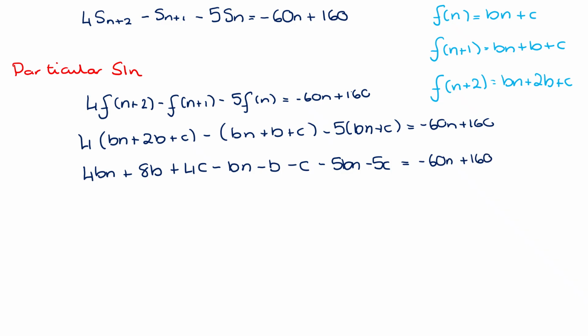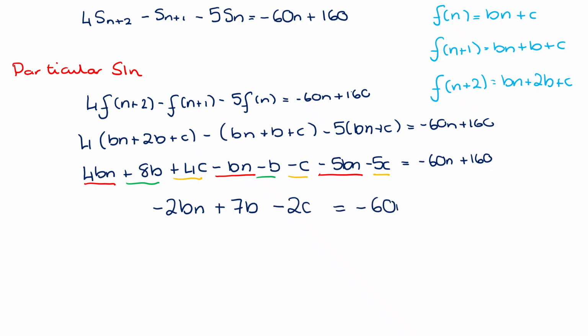So if we want to do a bit of cleanup here, there's a bn term, a bn term, and a bn term. So that's minus 2bn. Here we have a b term and a b term. So that's plus 7b. And then we have these c terms. So that's minus 2c. And that all equals minus 60n plus 160.